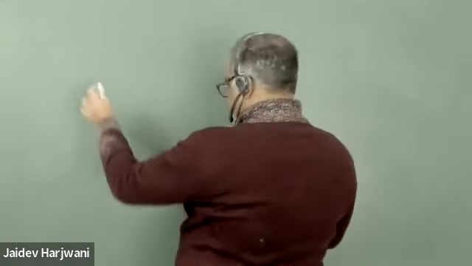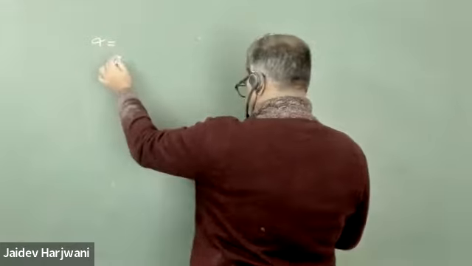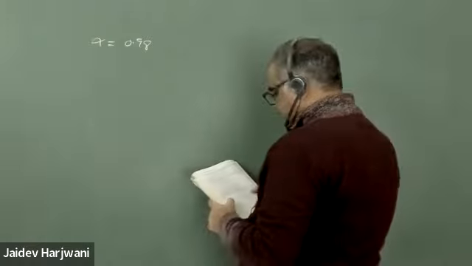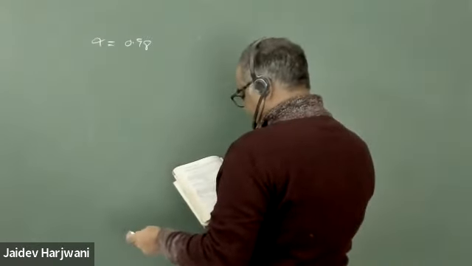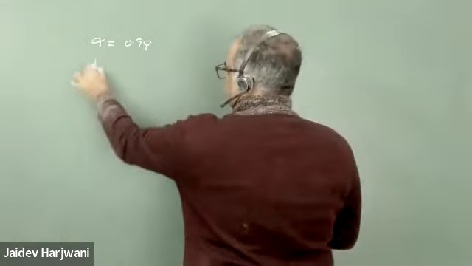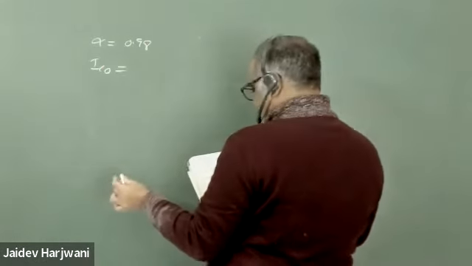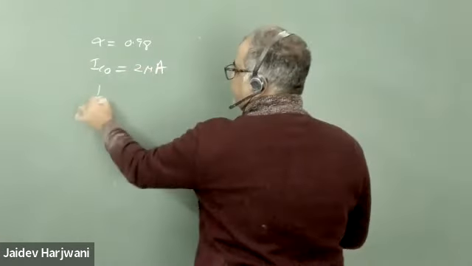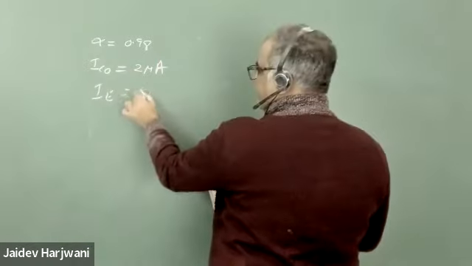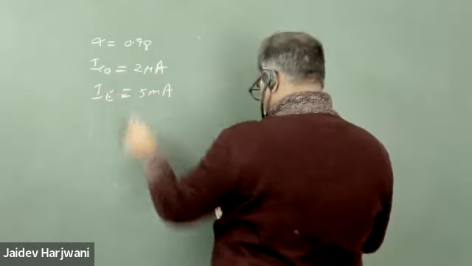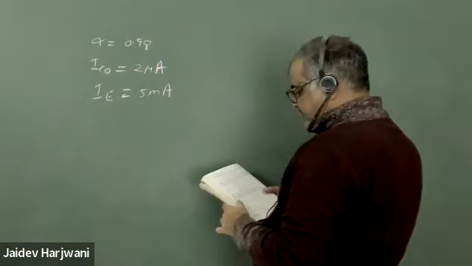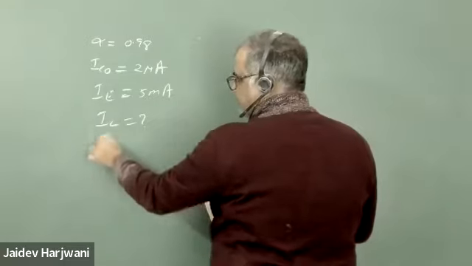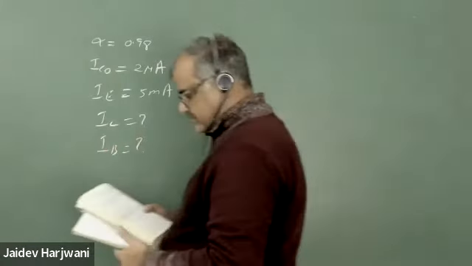A transistor has a DC alpha value given as 0.98, and the collector reverse leakage current, ICBO or simply ICO, the reverse saturation current, is given as 2 microampere. IE is given as 5 milliampere. Find the collector current IC and the base current IB.